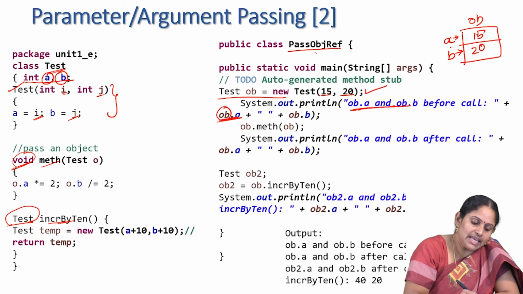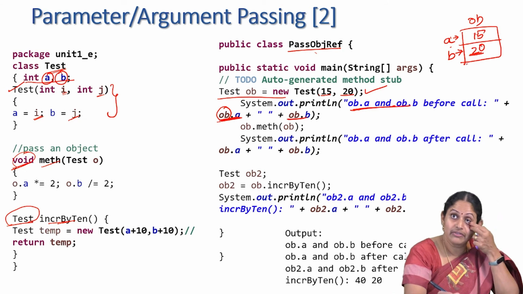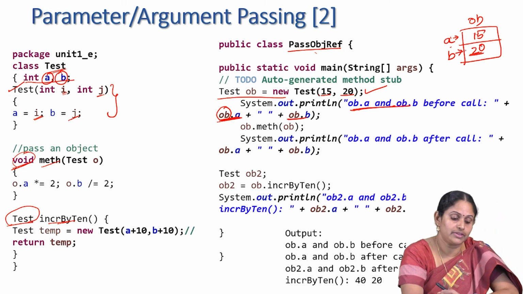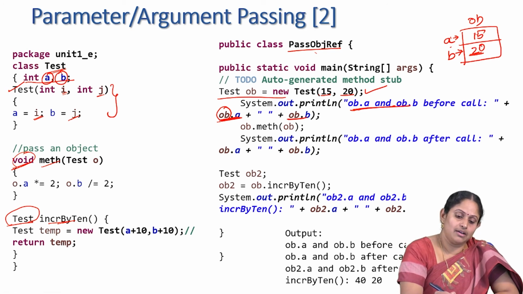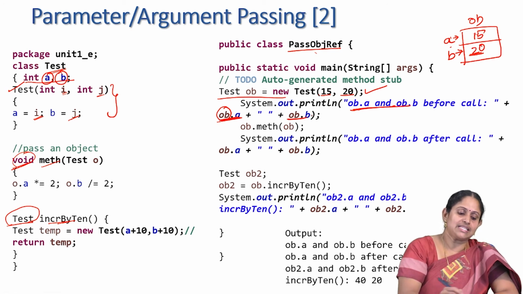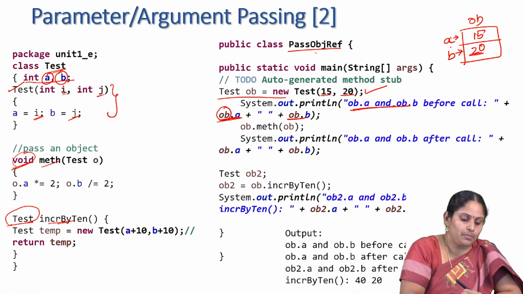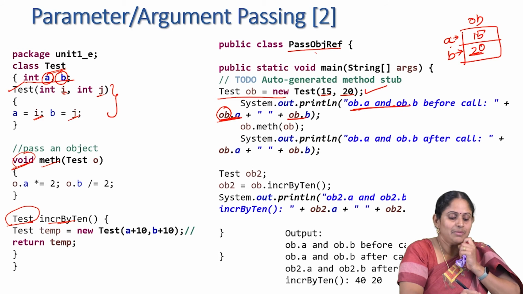So ob.a will be extracted from here and displayed as 15, and ob.b will take this value 20 and display it. Whenever we want to access any member of a class, we have to create an object and access it with the dot operator: object followed by a dot with the member name.